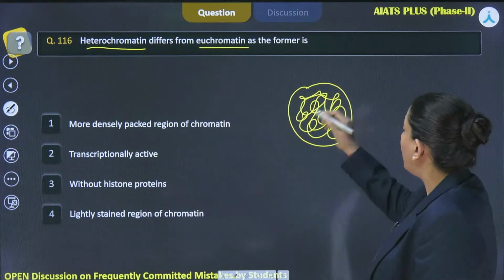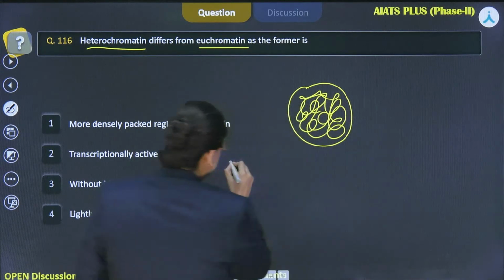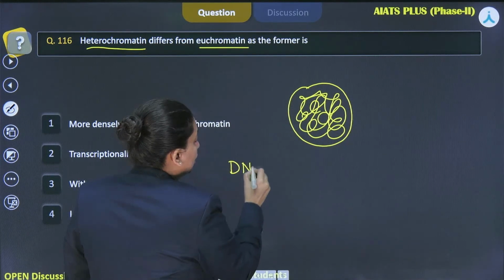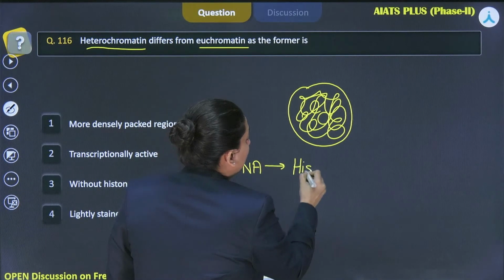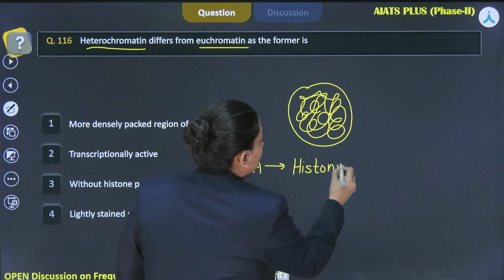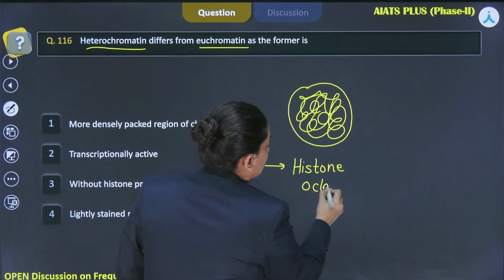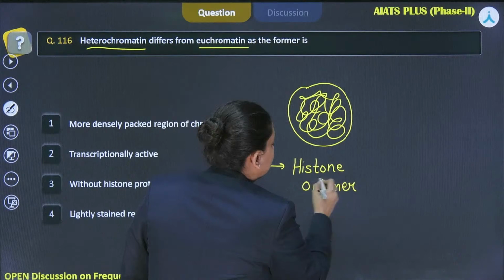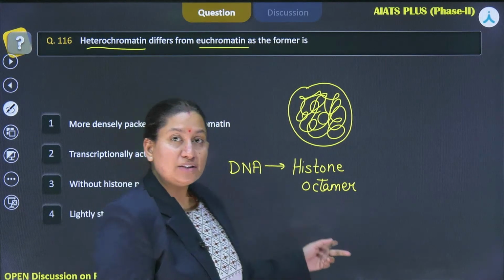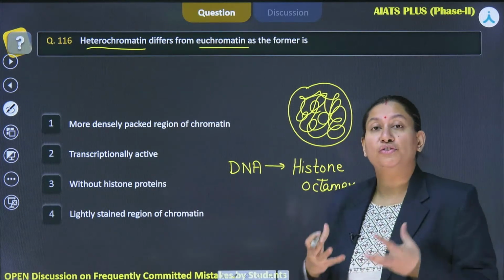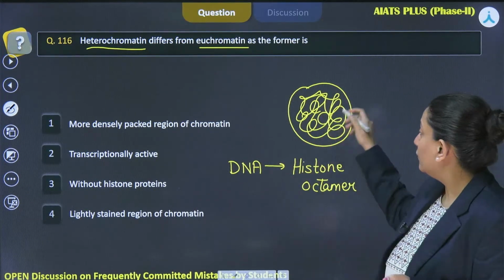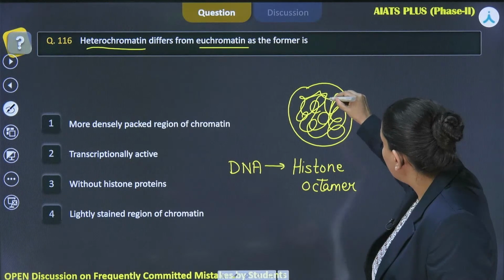And in order to perform that, firstly, DNA, which is a negatively charged molecule, is going to wrap around positively charged histone proteins, right? And when this happens, it is going to form a nucleosome, right? And that's what you see in the interphase nucleus, over here, the bead on string structure, right?